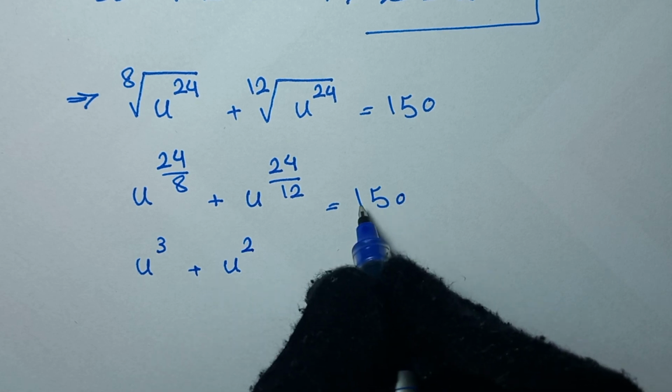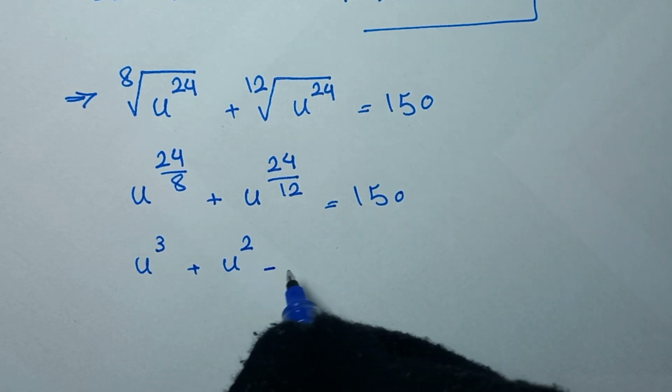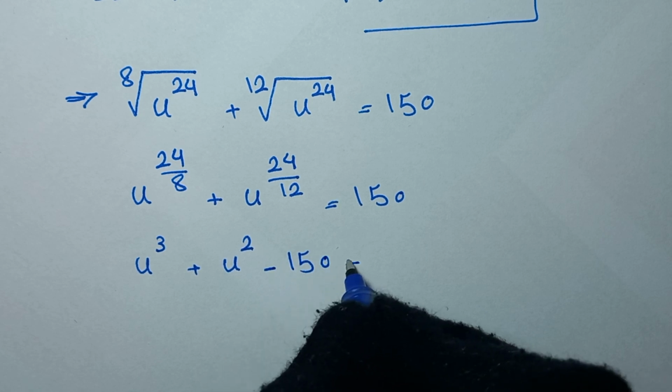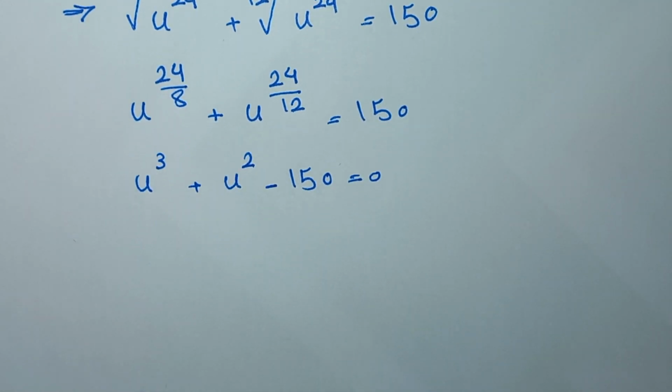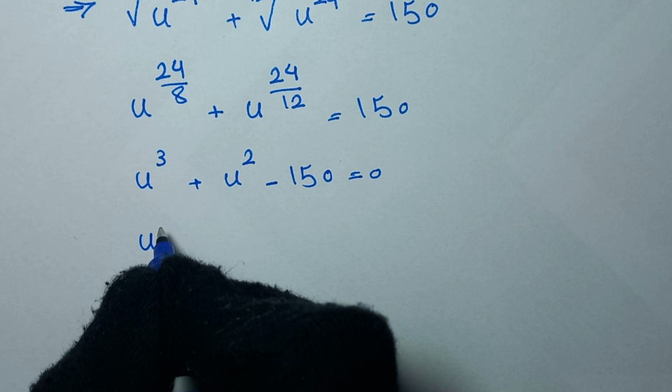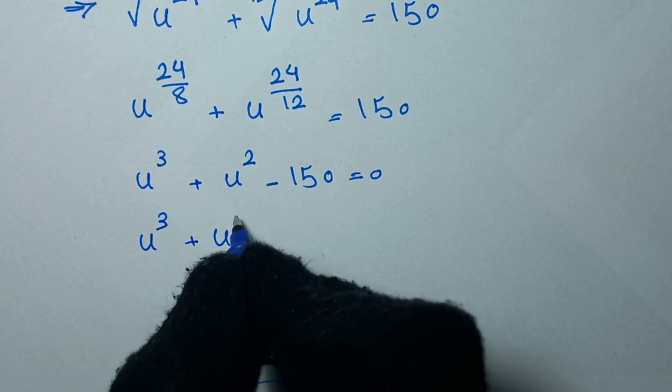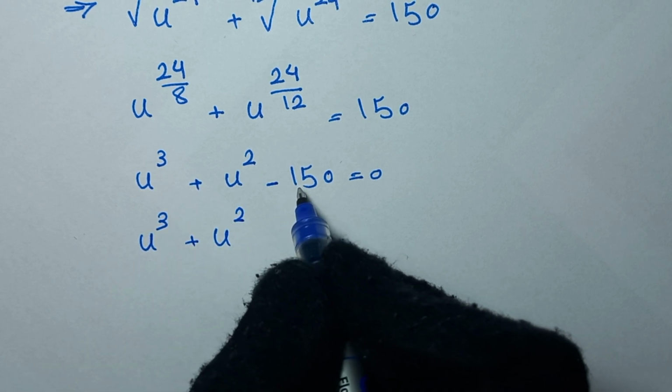And we take this 150 to this side, and it will be negative 150 is equal to 0.